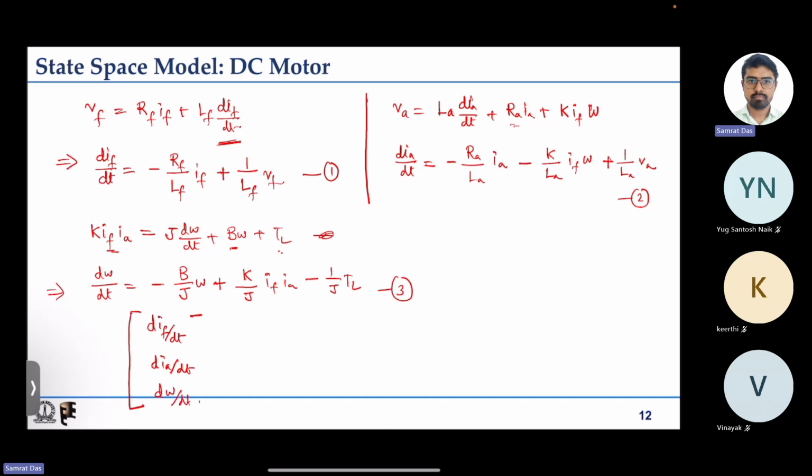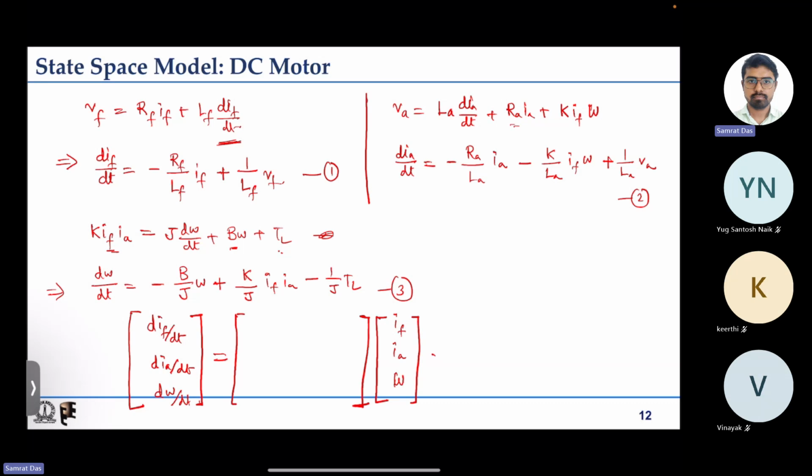So this is the left hand side of our state space model equation. Then we will need to have some matrix, we will decide that later, and we will multiply it by the three states. The first state is If, the second state is Ia, the third state is omega, right?